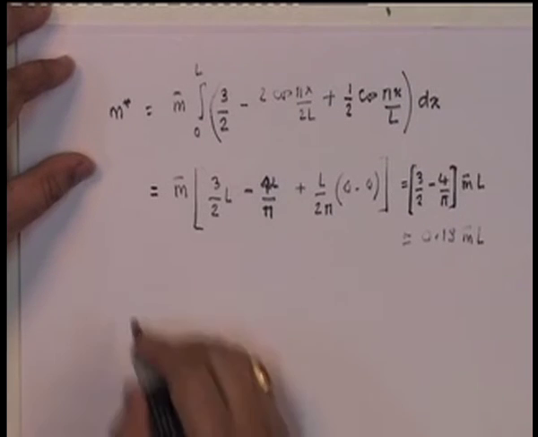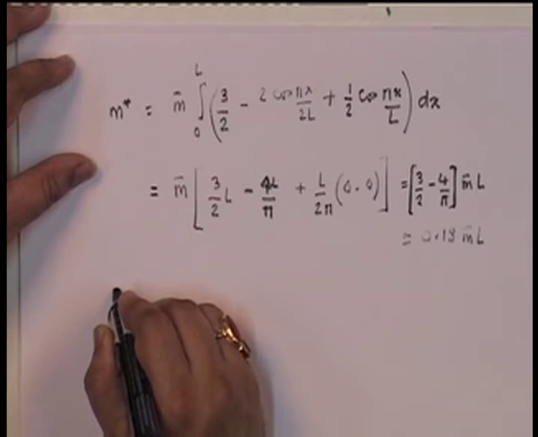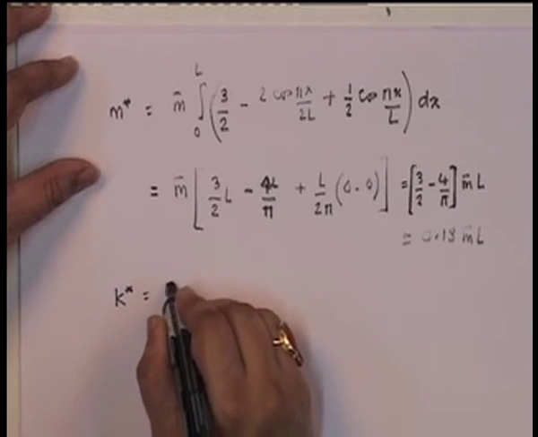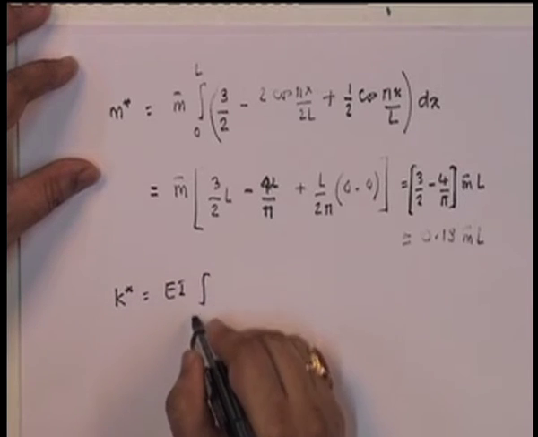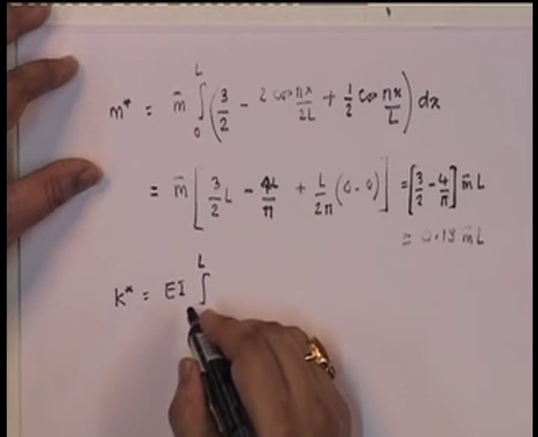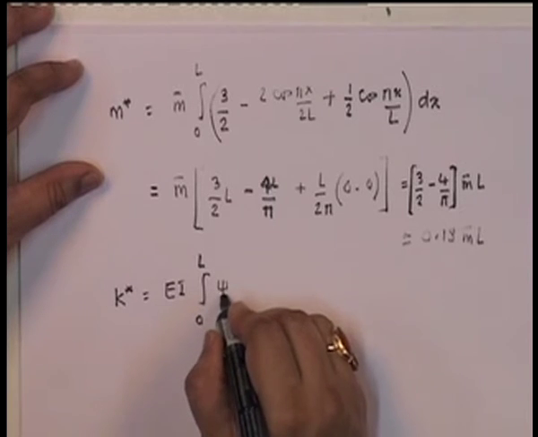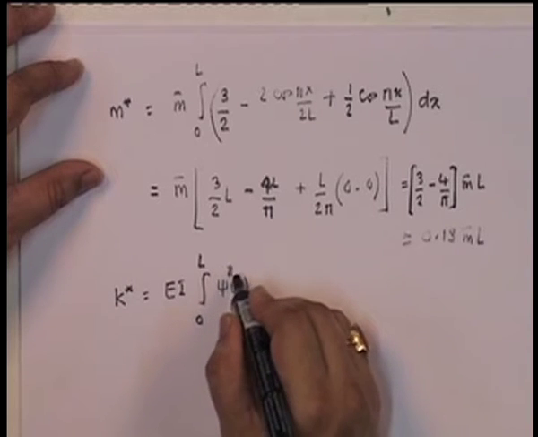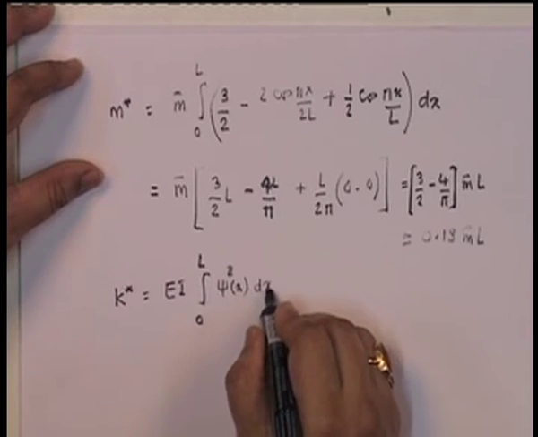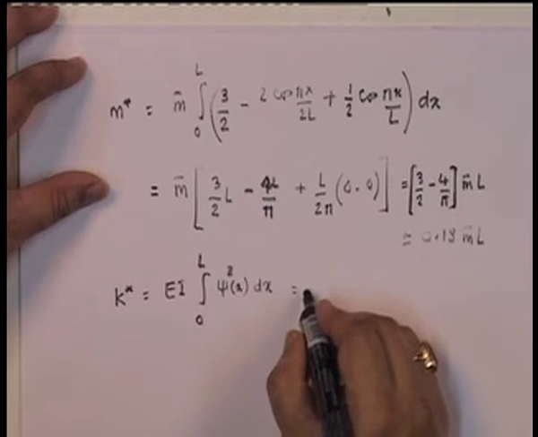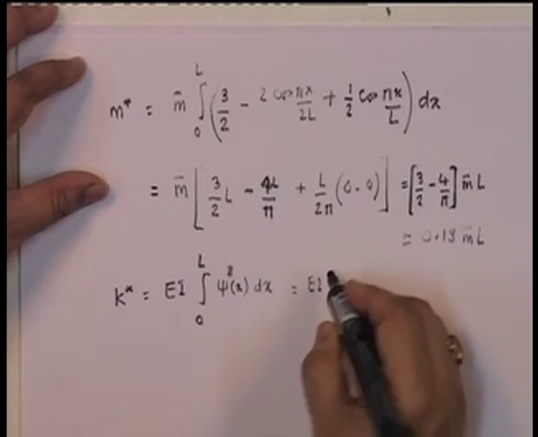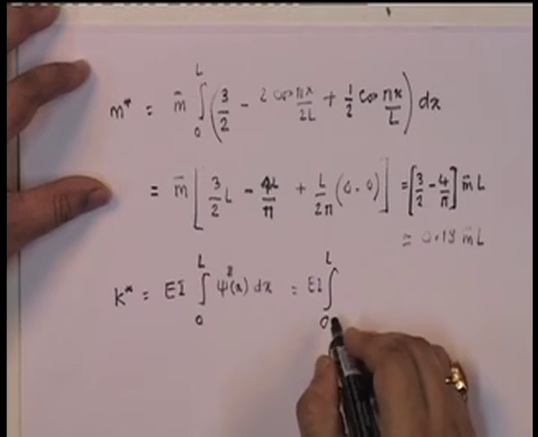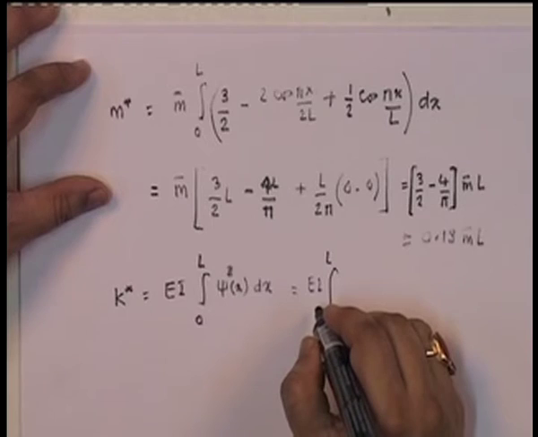And if you look at K star, it turns out to be equal to EI integral 0 to L of xi double prime squared dx. So, this becomes equal to EI into the integral 0 to L, and xi double prime we have already done.